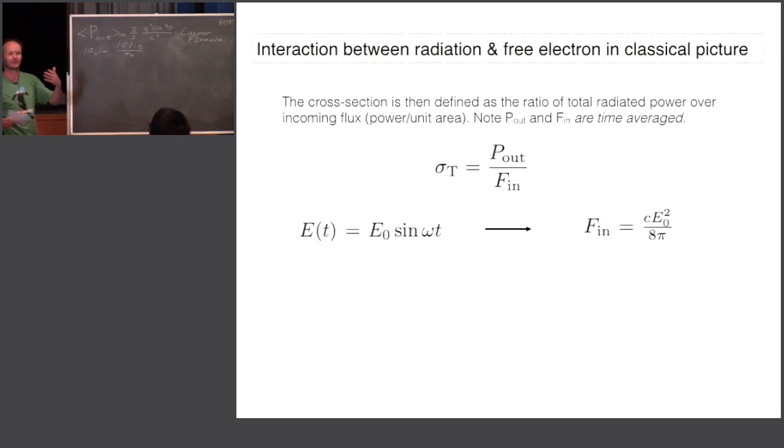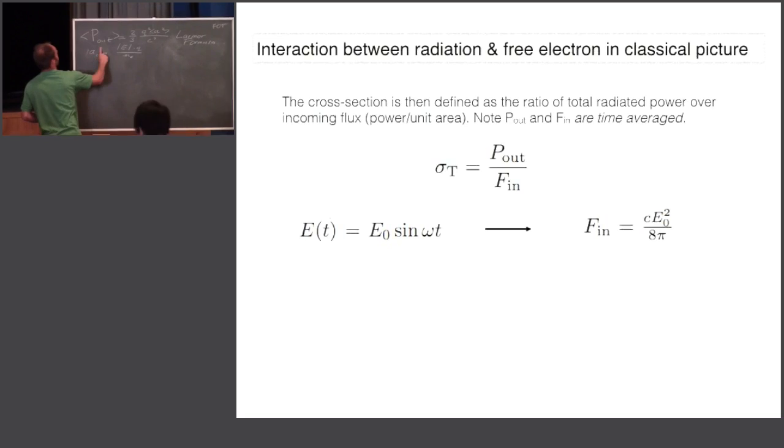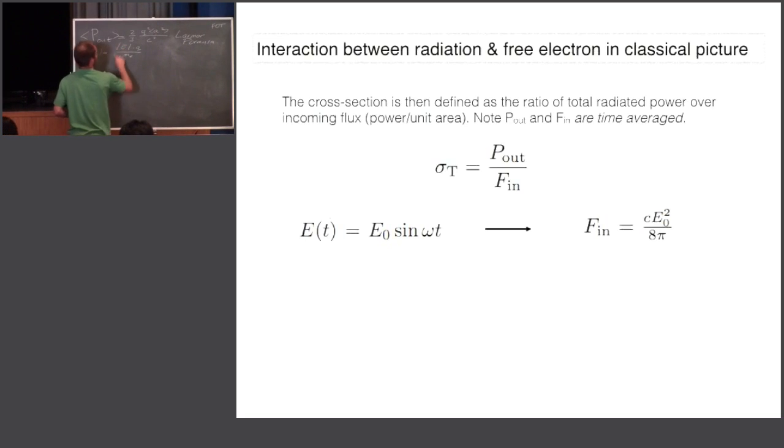Since I'm taking the square, I might as well drop the absolute signs, for simplicity. So the square of this is just the square of this, of course.